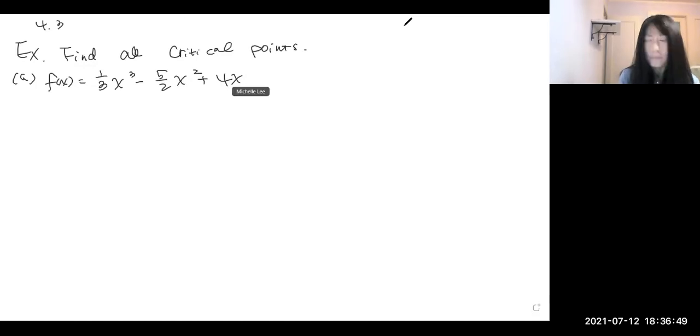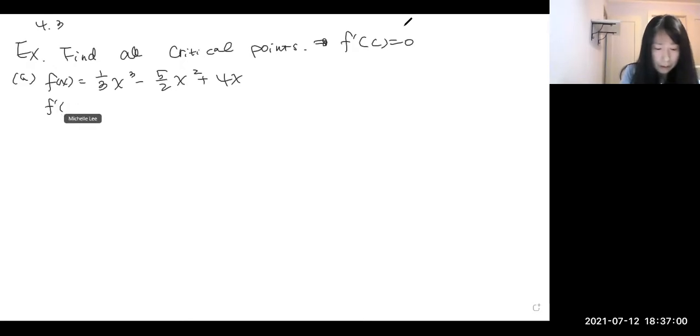Okay, so for critical points, we're going to find where f prime of c equals 0, right? Let us find f prime of x. What do you get?